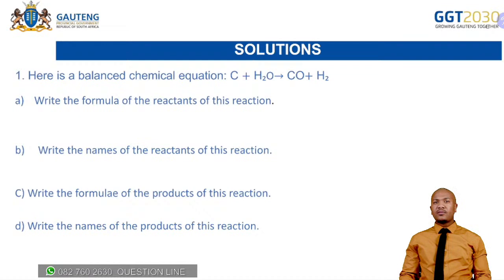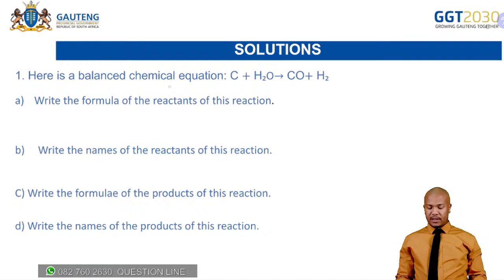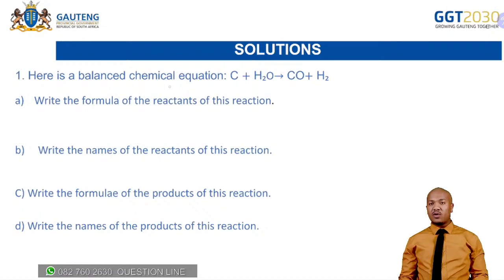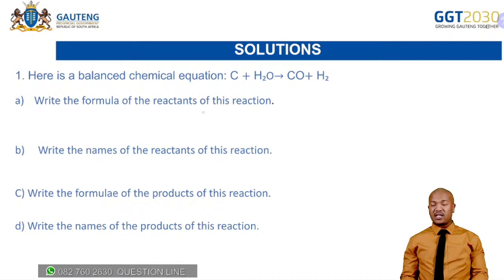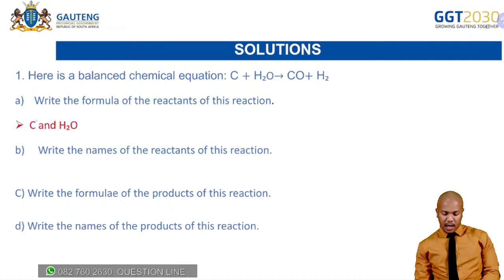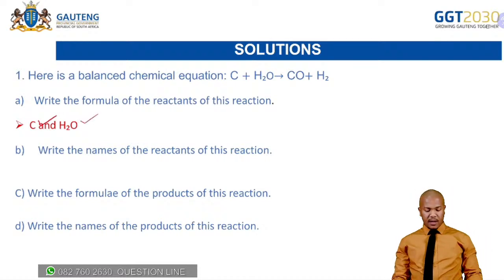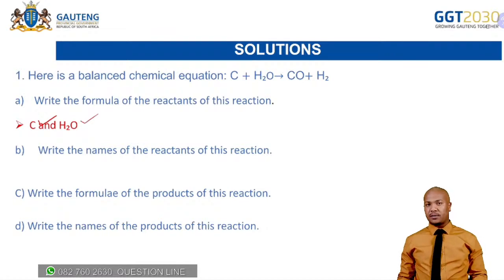So now, number 1. Here is a balanced chemical equation. Carbon plus water, they form carbon monoxide plus hydrogen. You needed to write for A, the formula of the reactants for this reaction. This is the formula for the reaction. Carbon and water, right? B, the names of the reactants of this reaction.